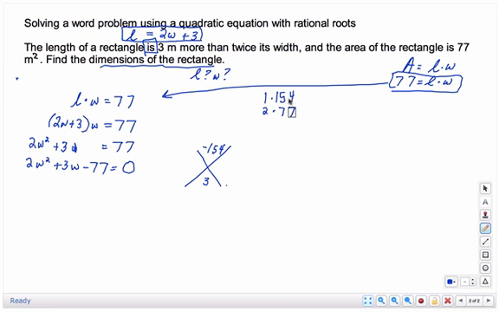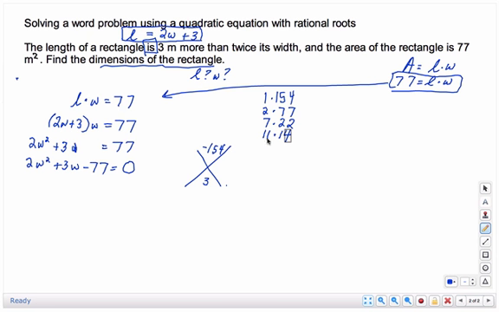That's not divisible by 3 or 9. This isn't divisible by 4 because that's not an even number. It's not divisible by 5 or 6. But 7 does, 7 times 22. And then you can keep going. 8, no, doesn't work. 9 doesn't work. 10, no. 11, yes. 11 times 14.